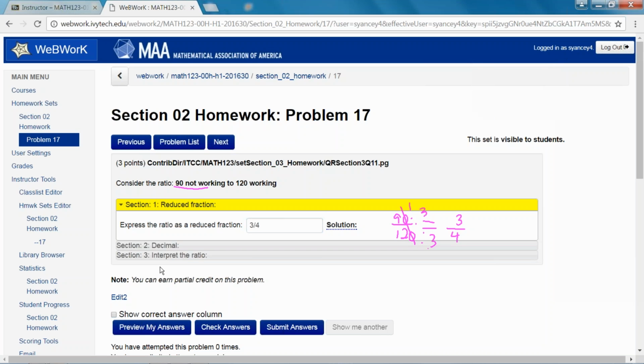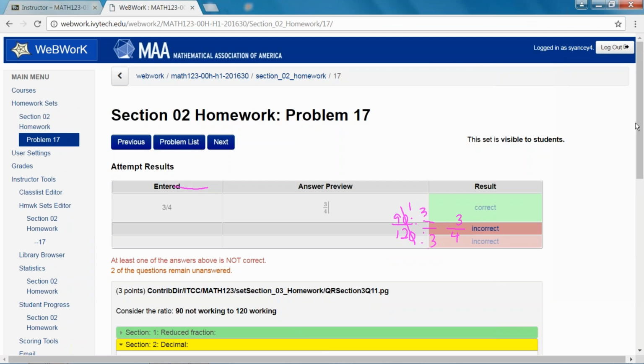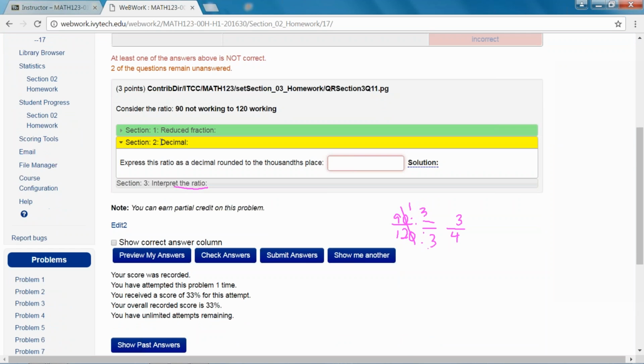You do 3/4. All right, good. Then the next section is write as a decimal. Our fraction was 3 over 4. So to go from, this just means division. You just do 3 divided by 4.